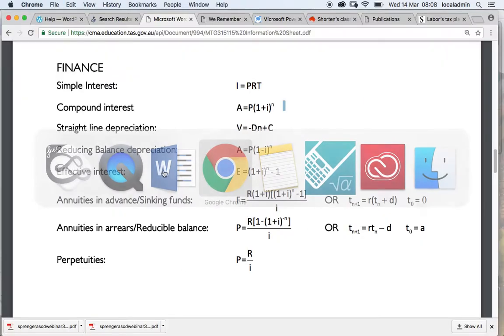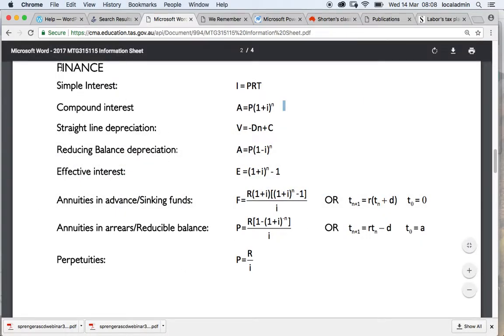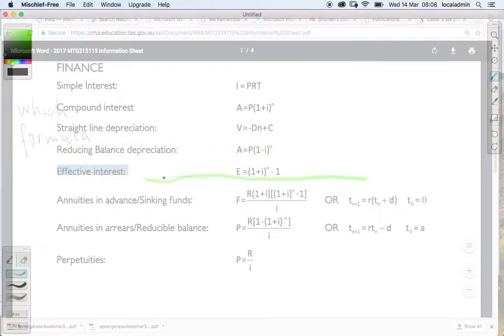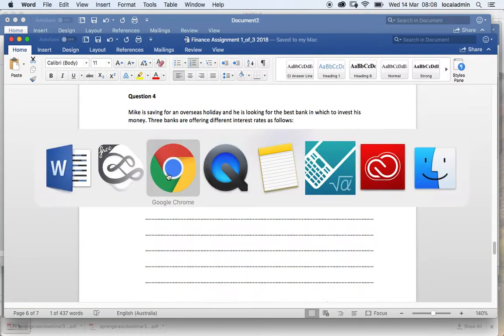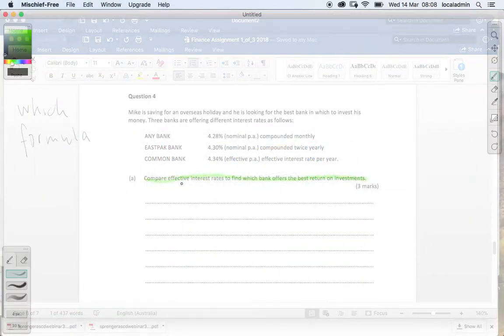So if we go back here to our finance information sheet, we have simple interest, compound interest, straight line depreciation, reducing balance depreciation, and here it is, the effective interest rate. So that's all we are doing. We are matching this word, effective interest rate, with this word, effective interest rate.